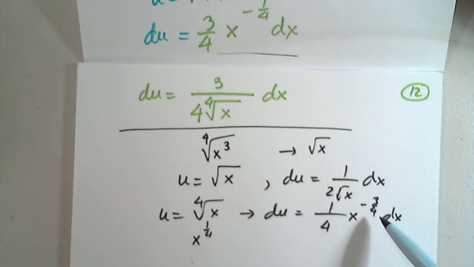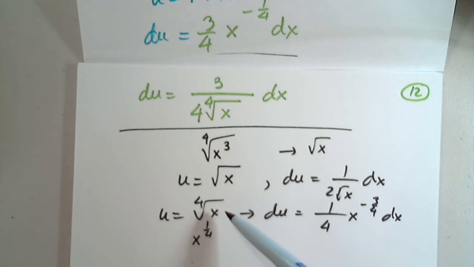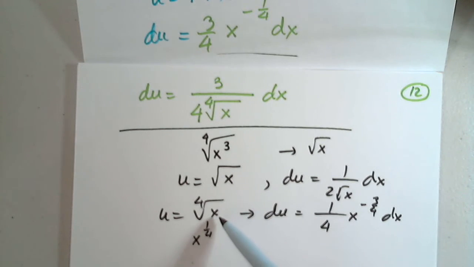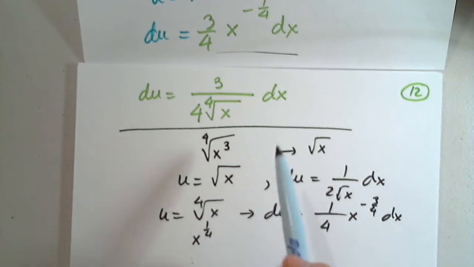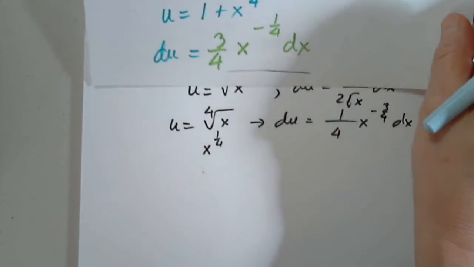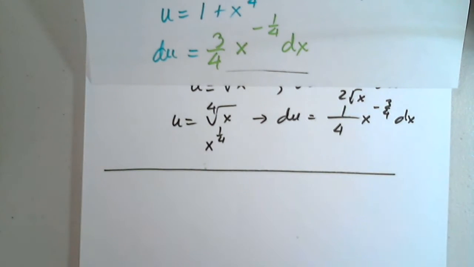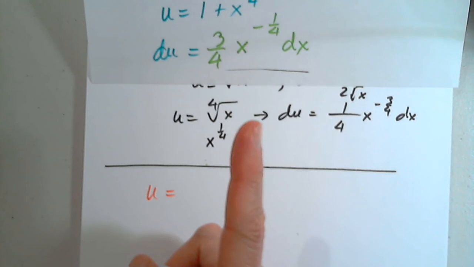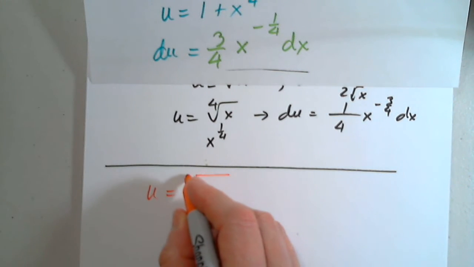What do I do with the denominator? That would be 1 plus u to the 3rd, if I use this. Yeah, the denominator doesn't help us. So let u be the fourth root of x.